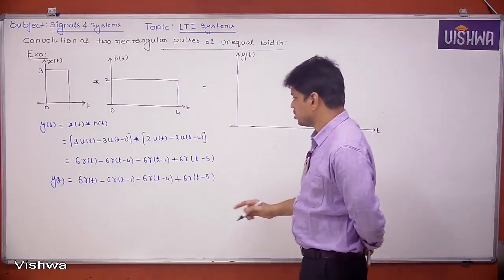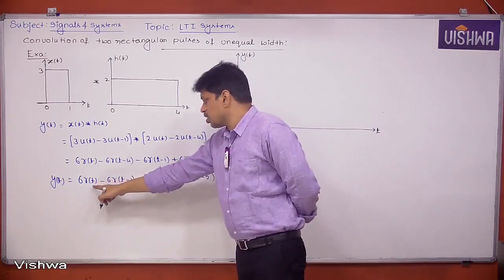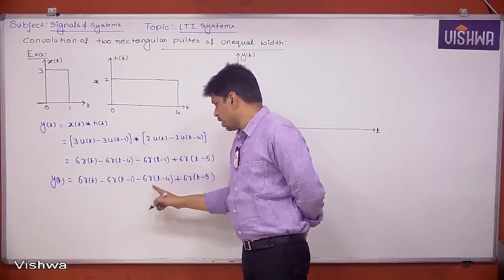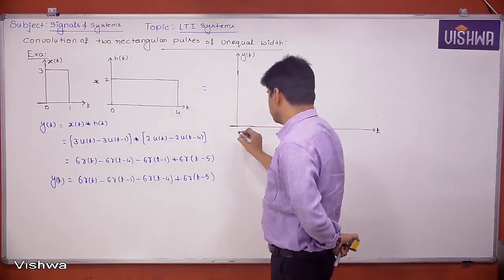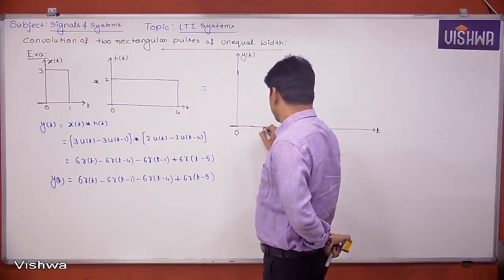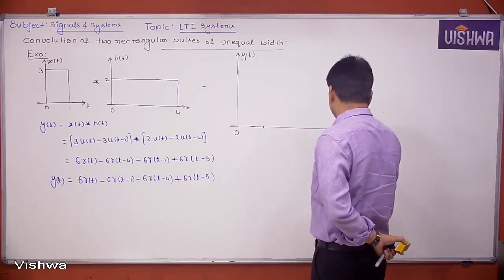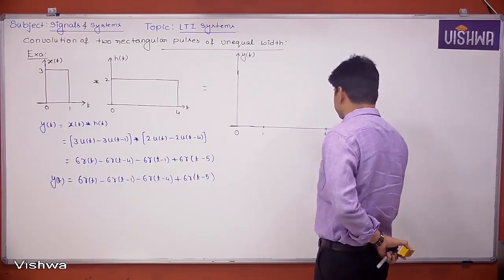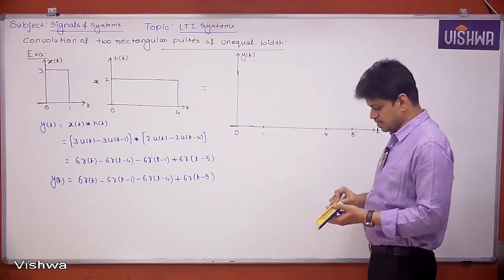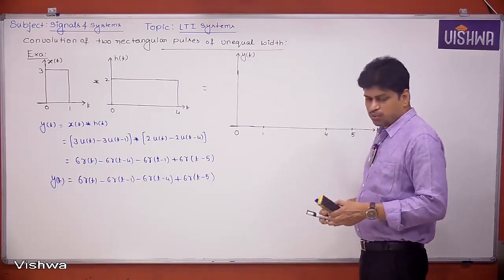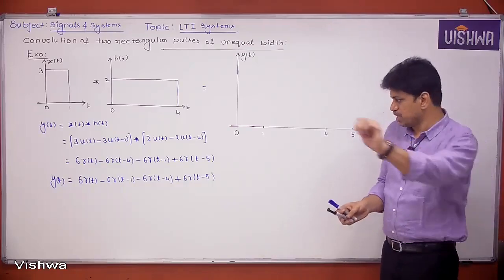First, we are having the corner points 0, 1, 4, 5. These are the corner points in ascending order. Let's see how we can draw this curve y of t.